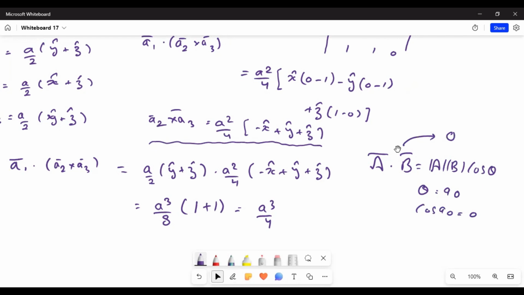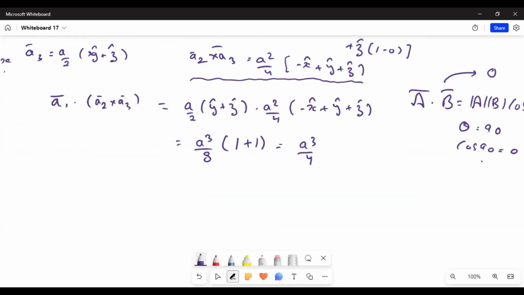So x dot y will be 0. Only x dot x will be cos 0, which is 1. So y dot y will be 1 and z dot z will be 1. Other terms will be 0.